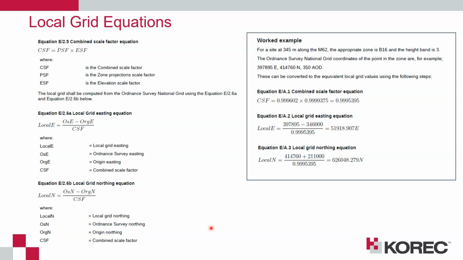In all likelihood, all projects will have a spreadsheet used to convert coordinates between Highways England local grid and OS National Grid based on these equations. GG951 includes this worked example for zone B16H3, and this same example will be used to update the Trimble coordinate system database.